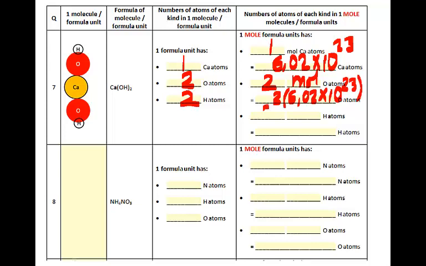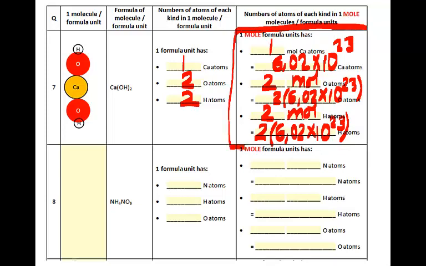And it contains 2 mole of hydrogen atoms, 2 groups of 6,02 times 10 to the power 23. So everything in this block is equivalent to everything else in this block for the formula calcium hydroxide. Not for another context necessarily, but for the formula calcium hydroxide, everything in this block is equivalent to everything else.